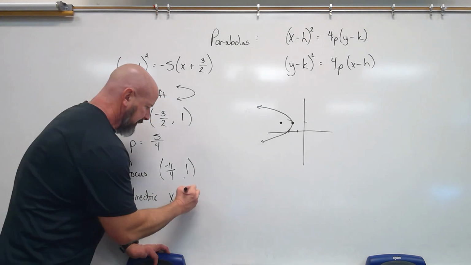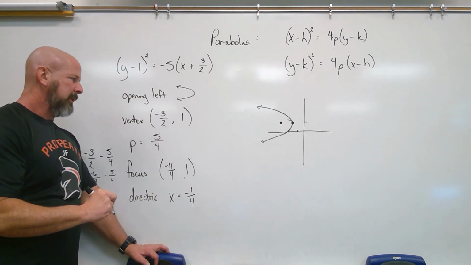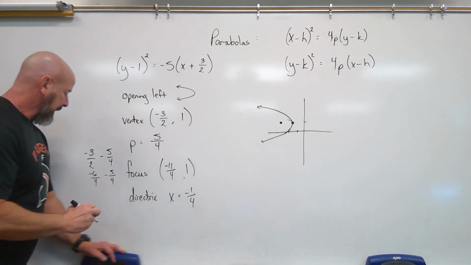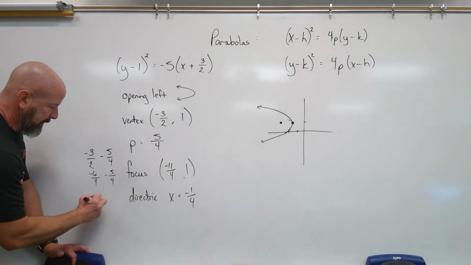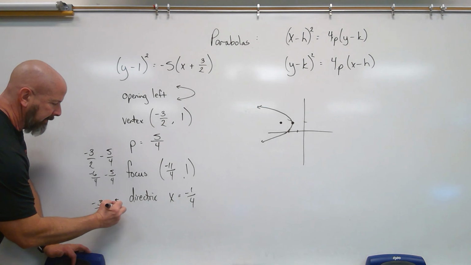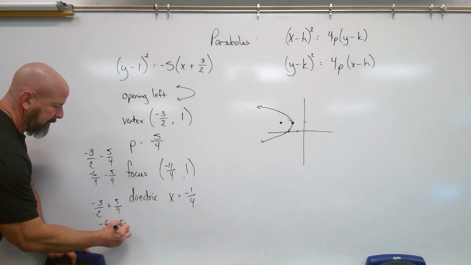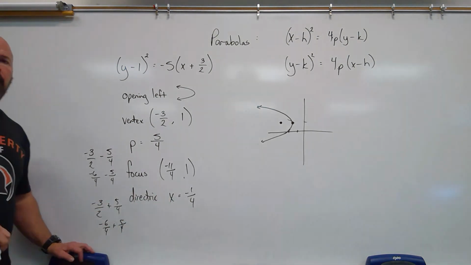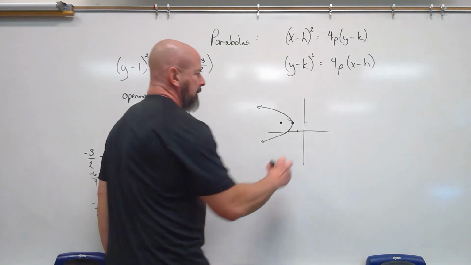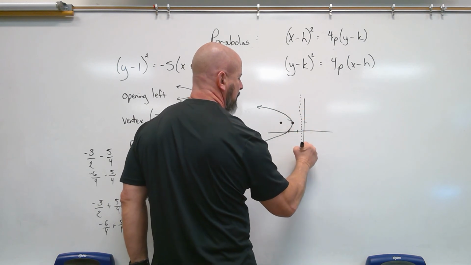So that's going to be at negative 1/4. Again, I'm at negative 3/2, and I'm going to be adding 5/4 this time, so negative 6/4 plus 5/4. There's where I'm getting that negative 1/4. So I've got a directrix sitting right in here, negative 1/4.